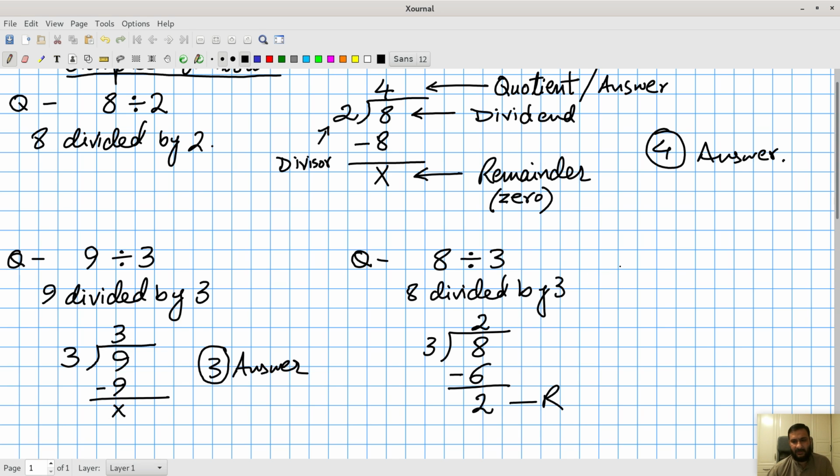Right, let's solve a double-digit question. So a question is, let's do 12 divided by 3.